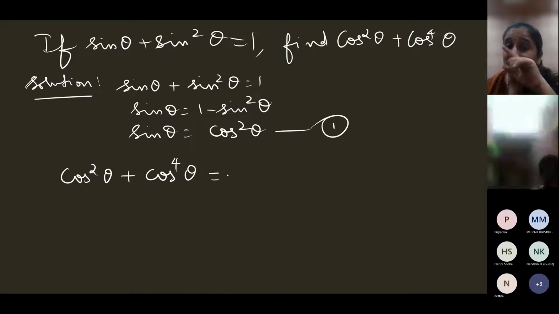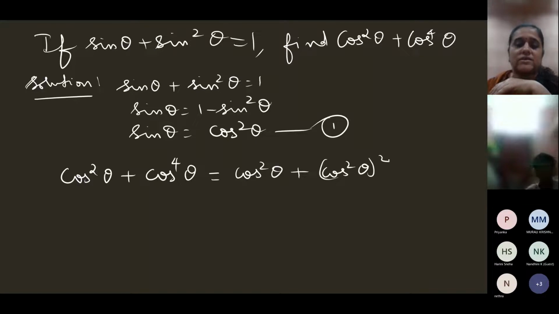Now I told you in one sum earlier, children, change the ratio sensibly. Now cos square theta is fine. Cos theta to the power 4 is not fine. So maybe you can write this as cos square theta plus cos square theta the whole square, correct? Cos theta to the power 4 can be written as cos square theta the whole square.